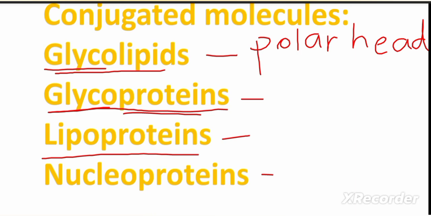Next are nucleoproteins. Nucleoproteins are proteins which are composed of nucleic acid and proteins. We know that nucleic acids are DNA and RNA. So when they bind with proteins, they form a new kind of molecule which is a nucleoprotein. And nucleoproteins are also found in the chromosomes and ribosomes.